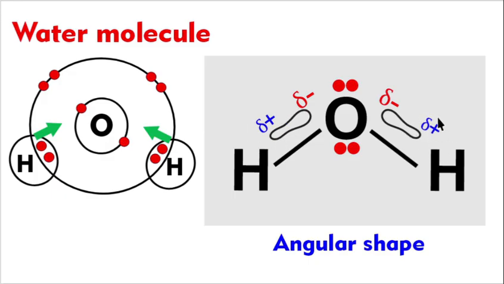So the hydrogen atoms become slightly positive, where the oxygen atom becomes negative. This presence of negative and positive charges, slight or not, is why we say they are polar compounds.